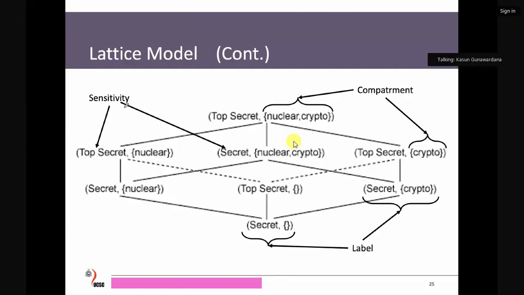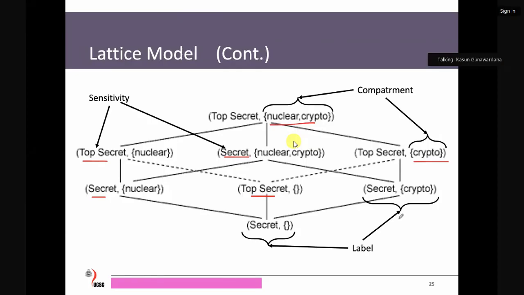So in a label, this part is called the sensitivity level: top secret, secret. These are sensitivity levels. And this is called the compartment.